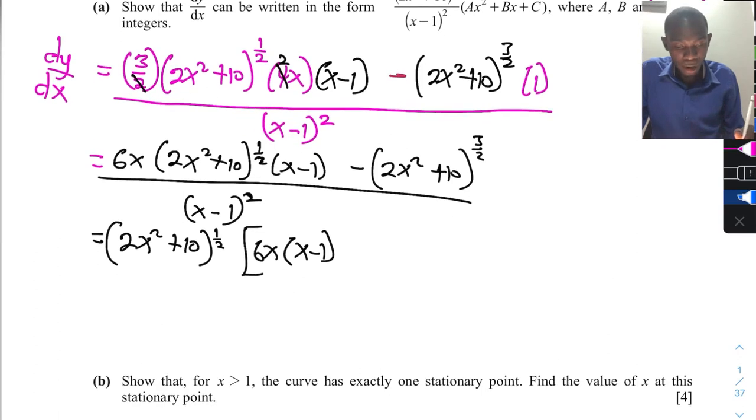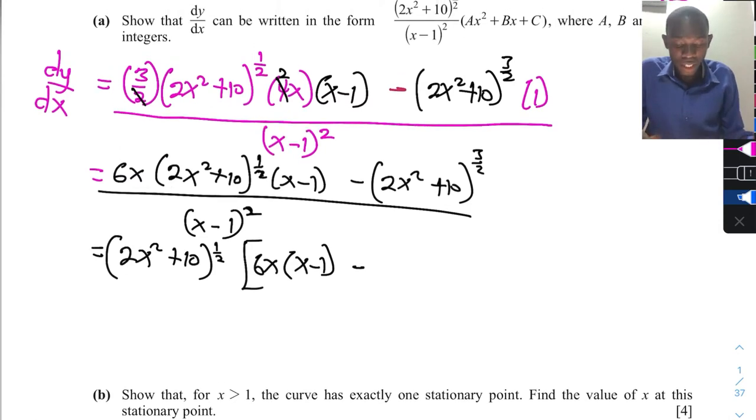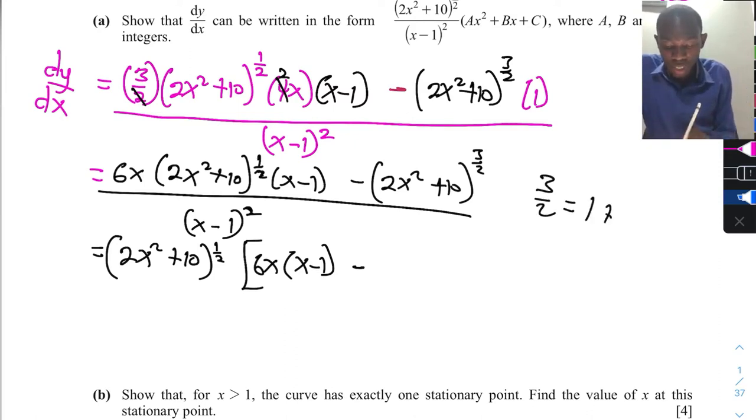And you may be wondering what will be left in the other one. Well, if you pull 2x squared plus 10 all raised to the power half out of that, you should get 1, because check it, 3 over 2 is the same as 1 plus half. So if you pull the half out, you are left with 1 basically. So what this place will be left with is 2x squared plus 10.